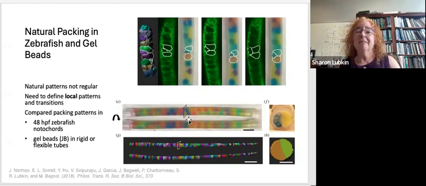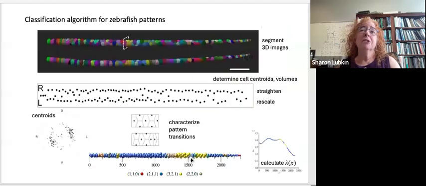But again, this is a statistical analysis rather than looking at regular patterns, because there's coexistence. Well, in order to do that, we had to first define, well, what is meant by a pattern that's not completely regular?